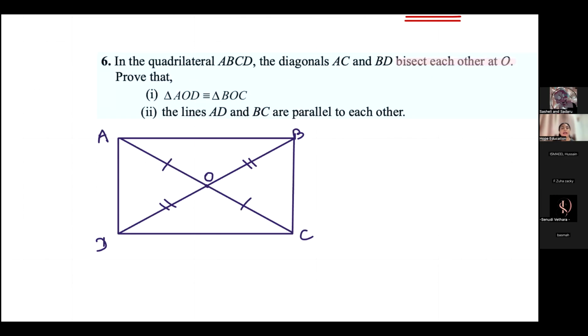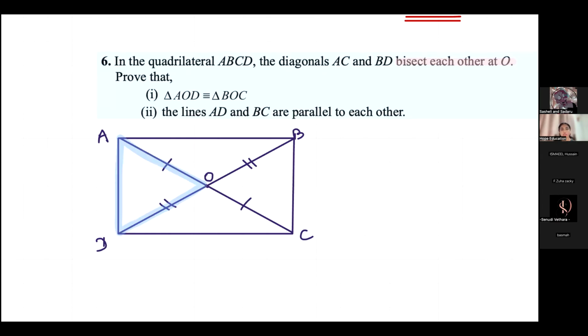All right. Prove that triangle AOD is congruent to BOC. AOD is this. Can we say that ABC and ADC are equal? You mean the angles, Maria? Are you talking about the angles? We cannot.